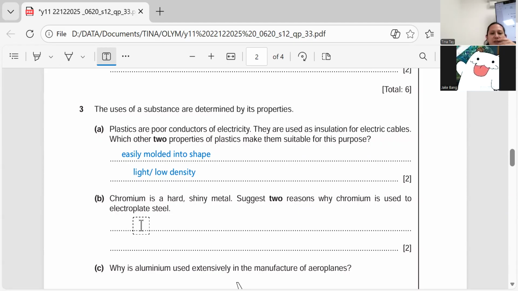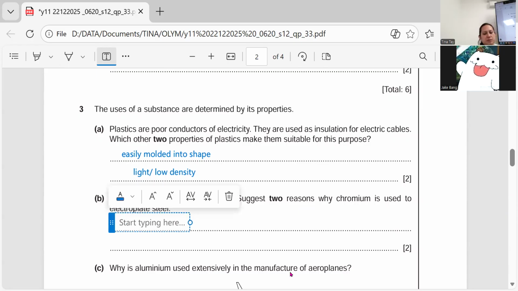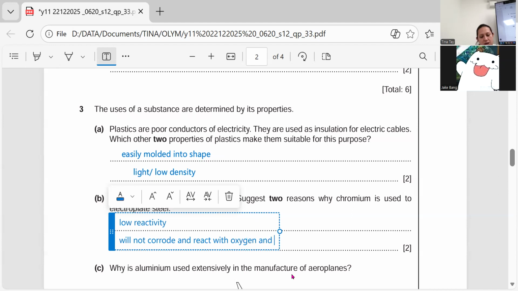Chromium is a hard, shiny metal. Give two reasons why chromium is used to electroplate steel. It has low reactivity, will not corrode, and does not react with oxygen and water.